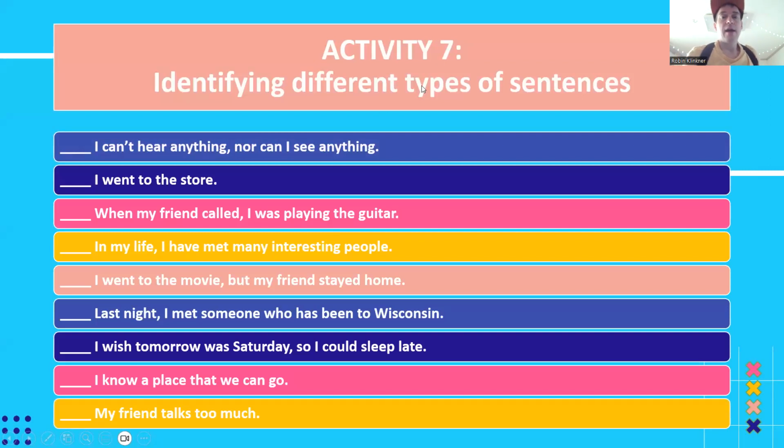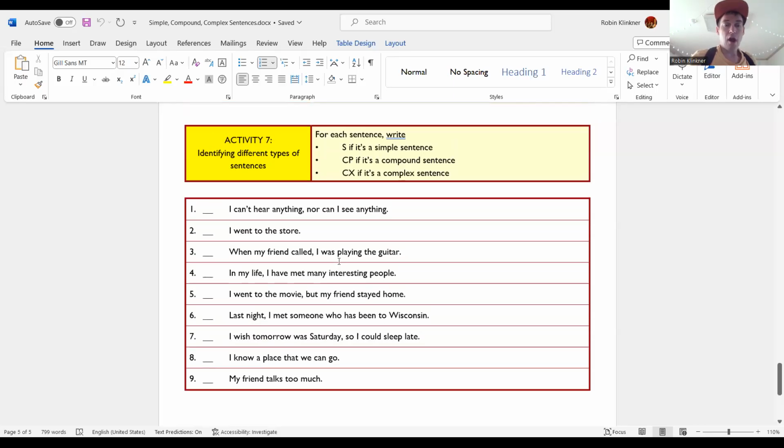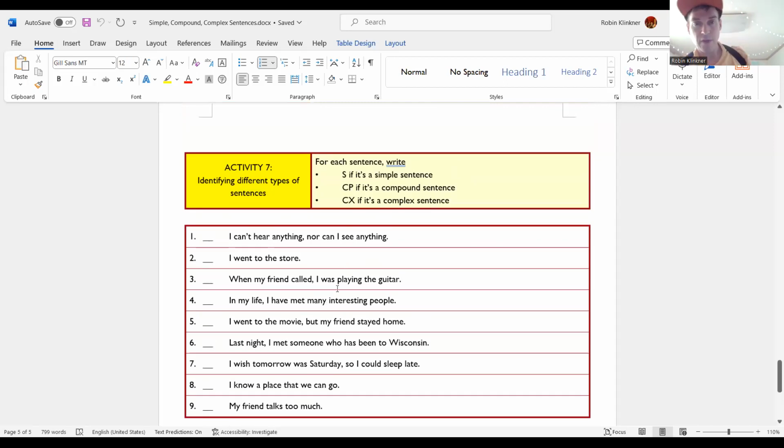Okay, activity 7. Last one. Here are 9 sentences. In the blank, write S if it's a simple sentence, CP if it's a compound sentence, CX if it's a complex sentence. A simple sentence is one independent clause, one complete thought.